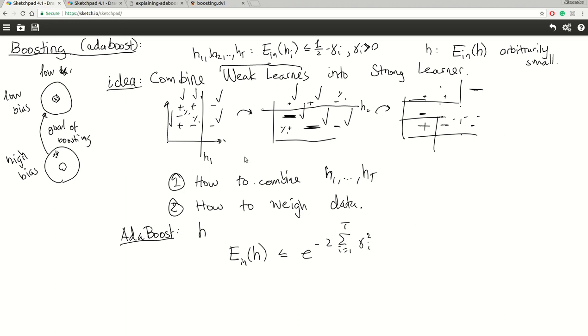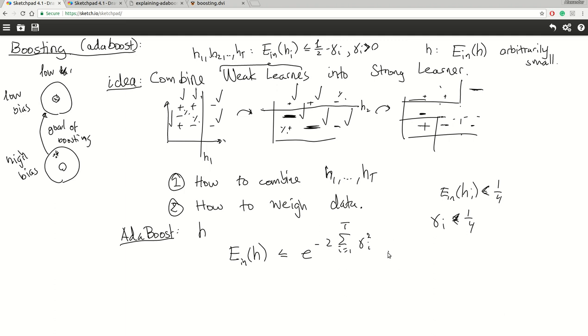Let's just suppose that each of the lines gets in-sample error, say, a quarter. Let's say each of the hypotheses I learn are better than a quarter, then each of the gamma i's will also be less than or equal to a quarter.